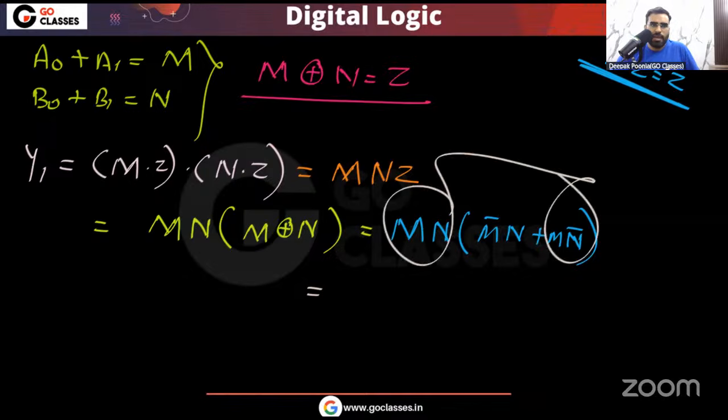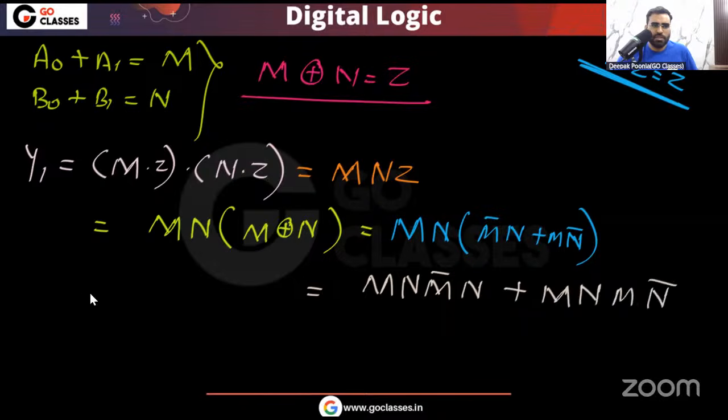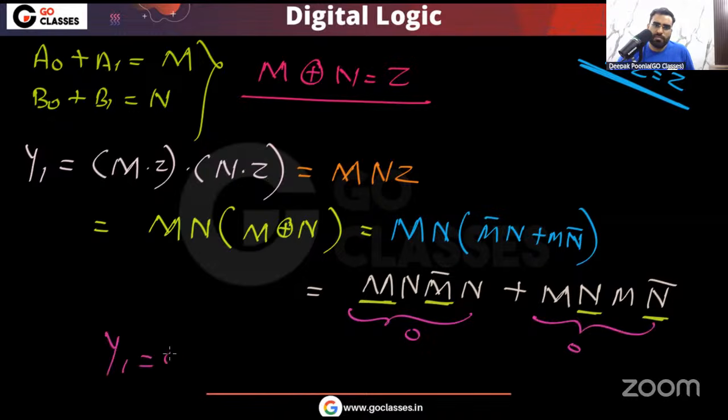Here N N bar, it will be 0. 0 or 0, it will be 0. So finally I can say that Y1 is 0. So Y1 is always 0.